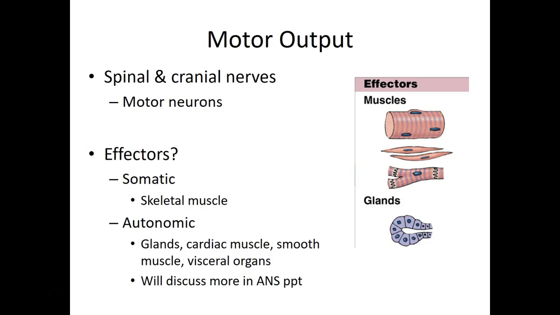Whenever we say autonomic, it's going to be without our conscious control. So that can be glands, cardiac muscle, smooth muscle, the visceral organs like we talked about, right? And when we get to the autonomic nervous system, we're going to talk more about these autonomic effectors.